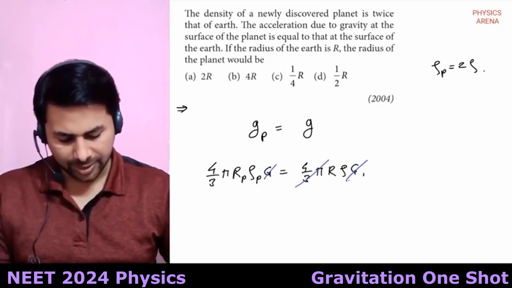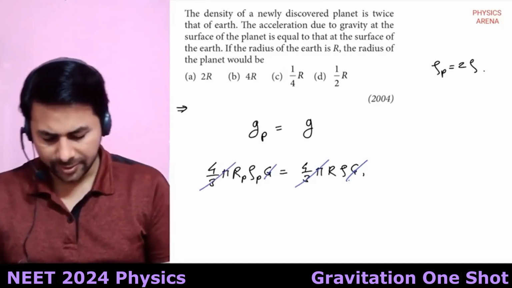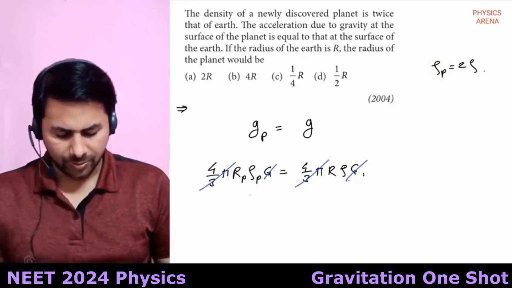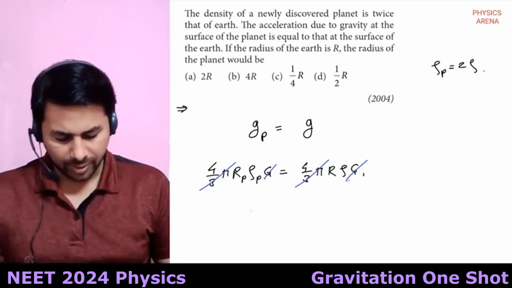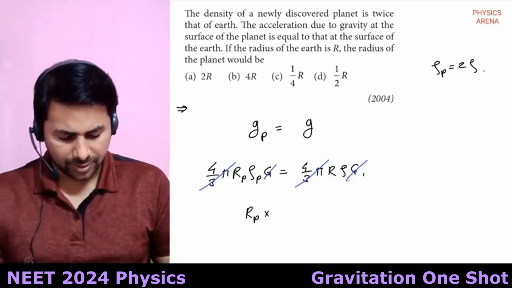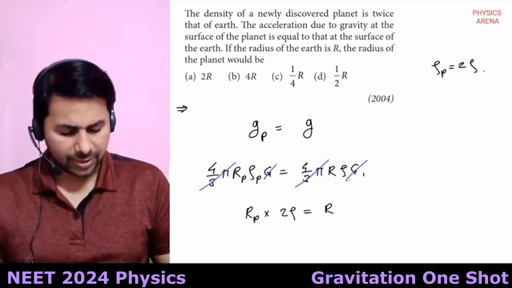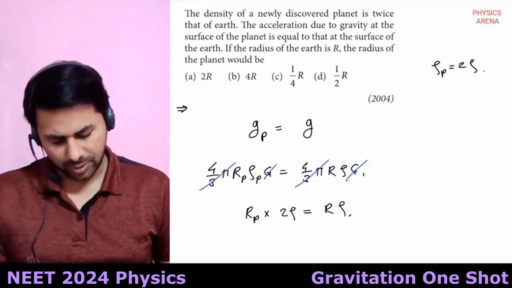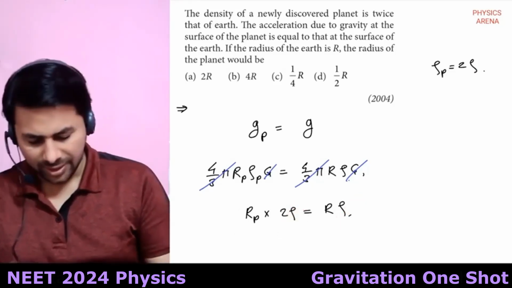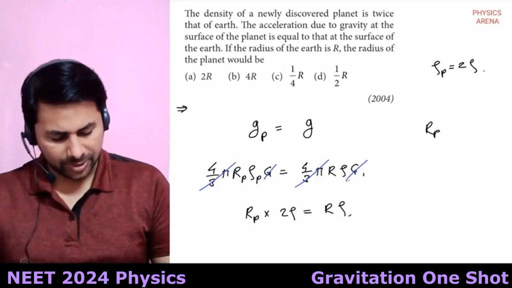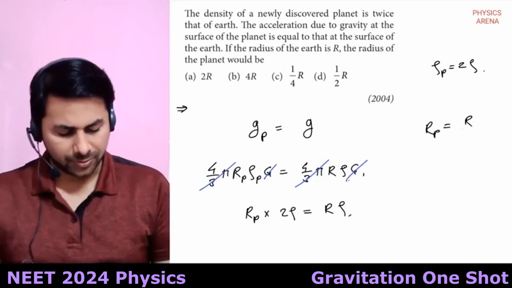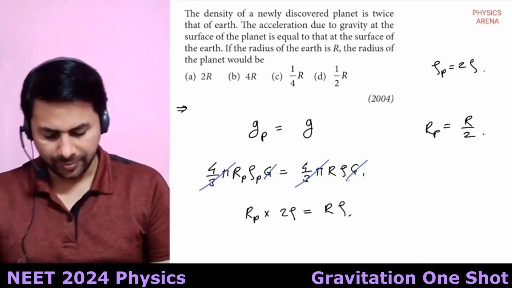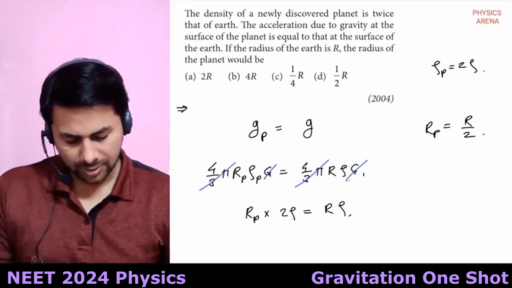G gets cancelled, 4 by 3 pi gets cancelled, and then rho p is equal to 2 times rho. So if you put 2 times rho here, you have rp into 2 times rho is equal to r into rho. Rho also gets cancelled, and you get rp equals r upon 2, right? So option D.